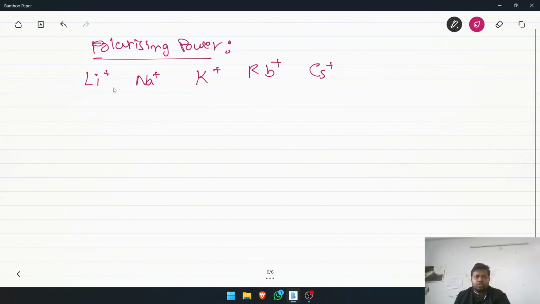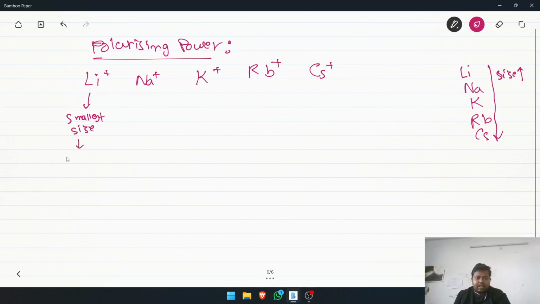See, this is the first group elements, all are first group elements. Now we know that down the group size increases, and we know for a cation the size must be small for greater polarizing power, the charge density will be high.